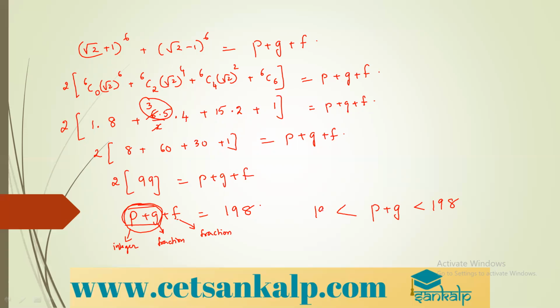At the same time, it will be greater than 197. In the question, they are asking us about P plus G, that is (root 2 plus 1) whole power 6. They are asking for a number n which is less than (root 2 plus 1) whole power 6. So that n has to be 197. They asked us to find the value of n and we can say that n is 197.